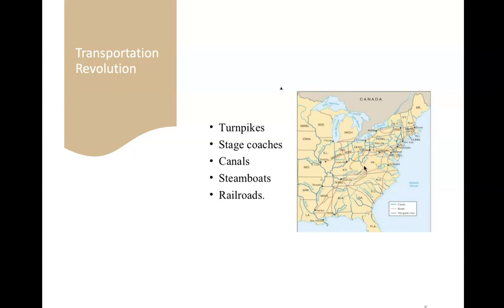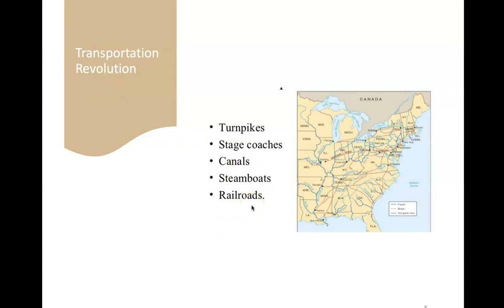So the project with the American system was to build turnpikes, state canals, which is more up here in upstate New York, steamboats in the canals, and eventual railroads. So that's what's going to be undertaken here, and this amounts to what historians call the transportation revolution.